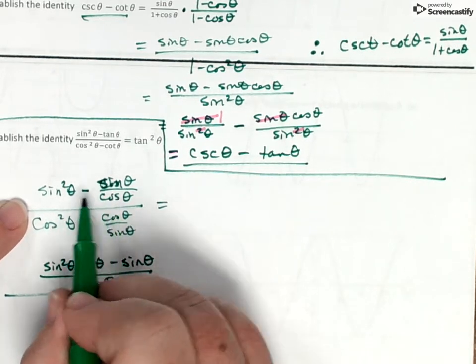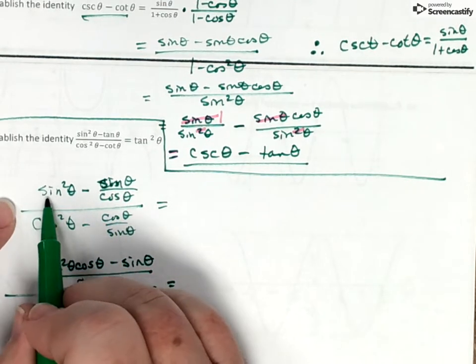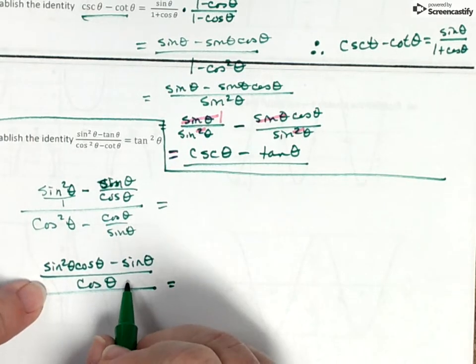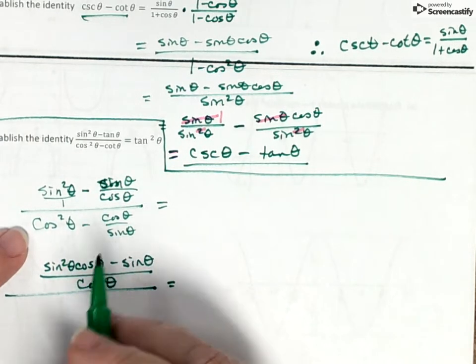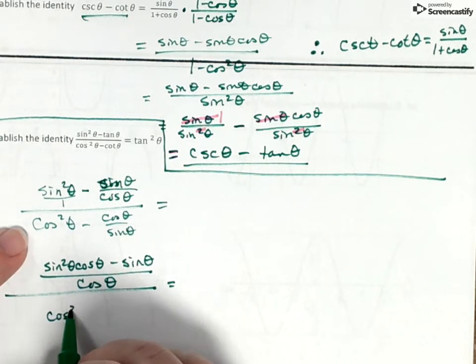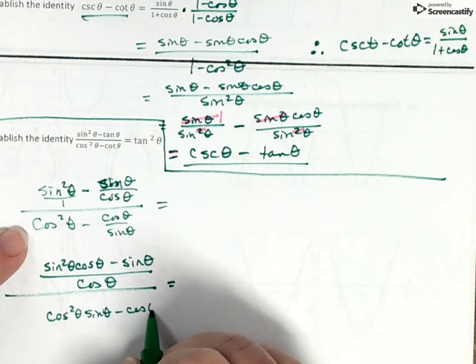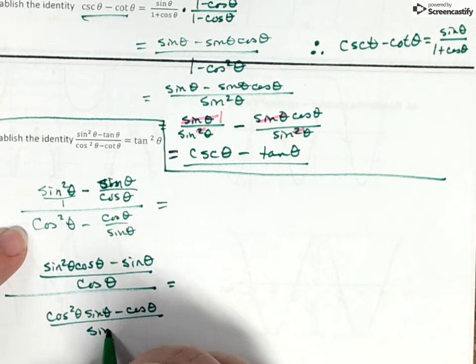Common denominator, right? I multiplied this by, this was over 1, I multiplied the top and the bottom, and I put them all together into one problem. I'm going to do the same thing here, making cosine squared theta sine theta minus cosine theta over sine theta.